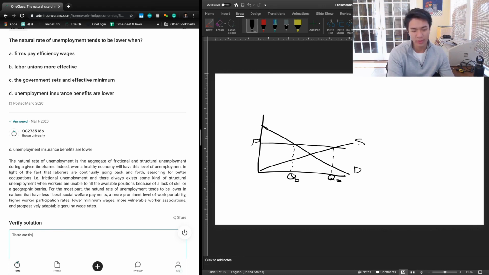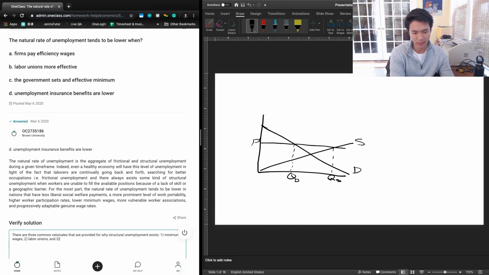there are 3 common rationales provided for why structural unemployment exists. 1, minimum wages. 2, labor unions.